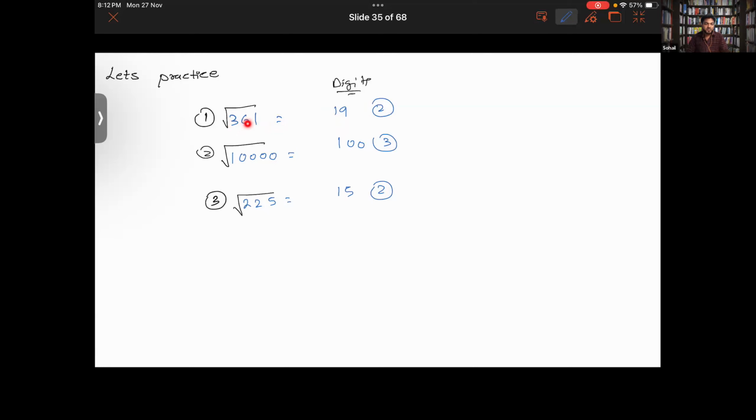So 361 square root is 19, that we already know. How 19? Because 19 multiplied by 19 is 361, right? So I am seeing that it is having 2 digits.